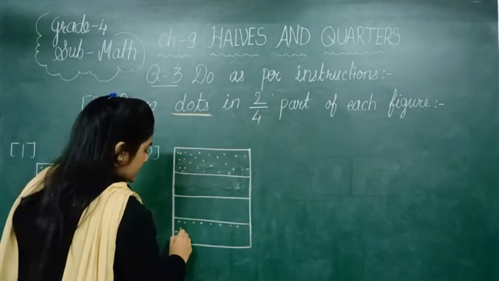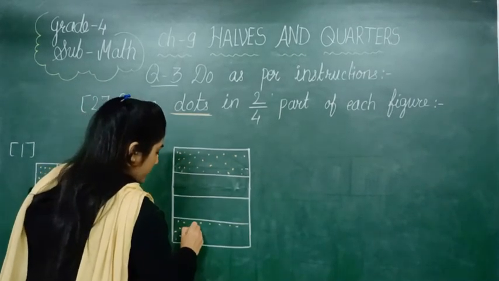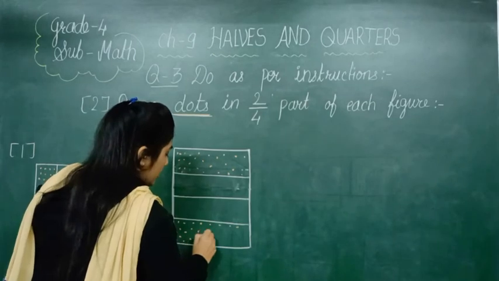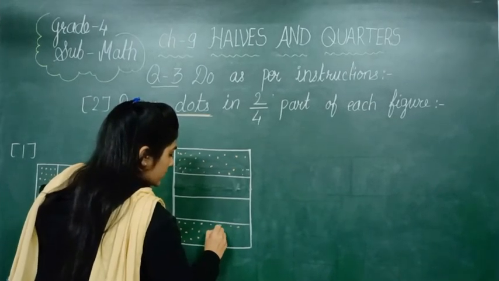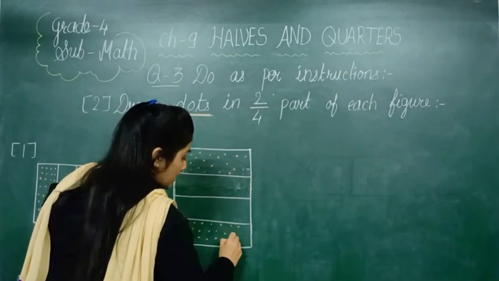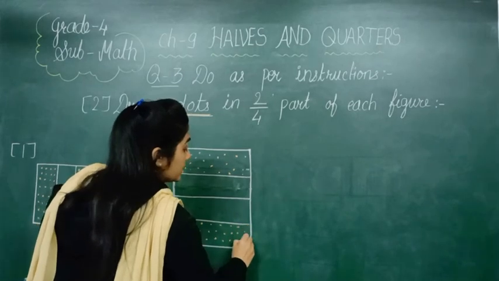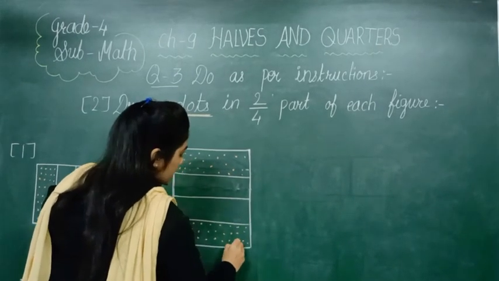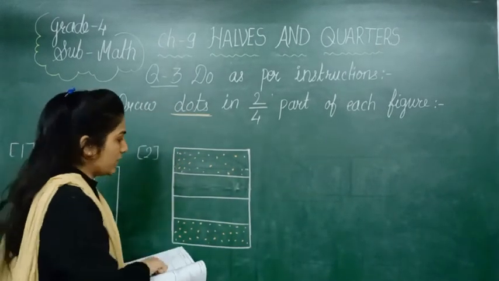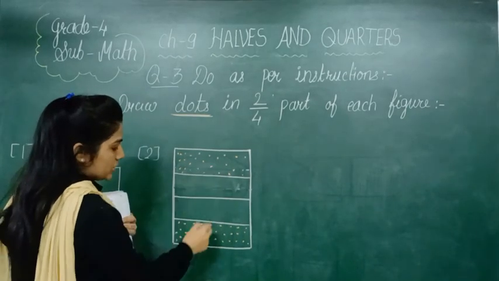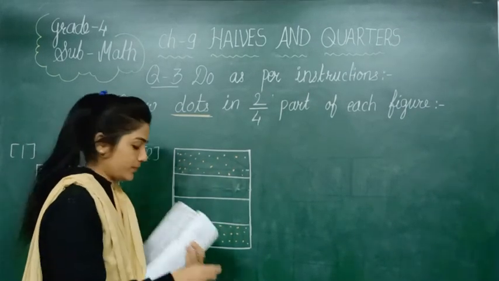It looks very simple, but if you draw different shapes and different figures with different parts, the fraction will be different and the meaning will also be different. See, you can see 1 and 2 out of a total of 4.